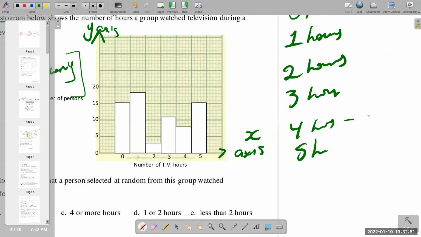So how much is 2 hours? Excellent. Last one, just for the purpose: how many persons watch TV for 3 hours?